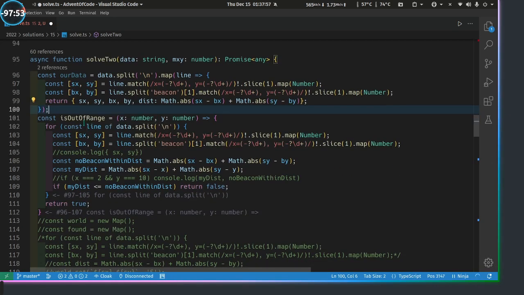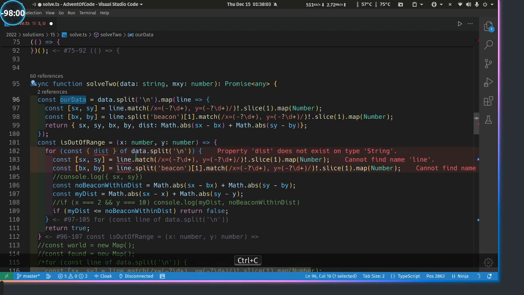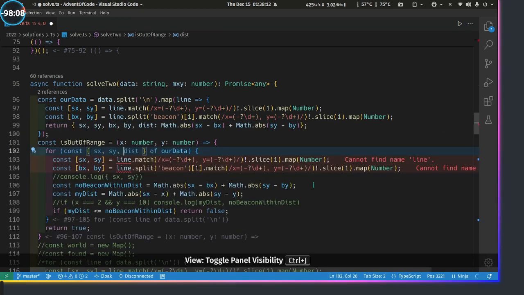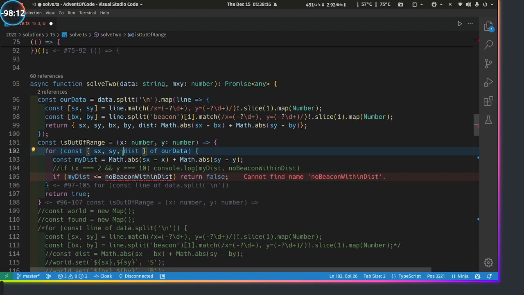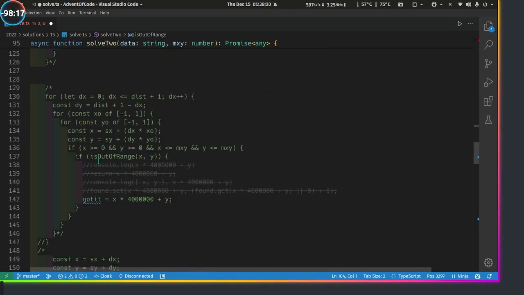Okay, and then this one's the tough one, right? So we need, for dist of our data, all of this is only needed by dist. We also need sensor location. Done? Nope. Thank you, logic. Okay, where's the next time we do this?